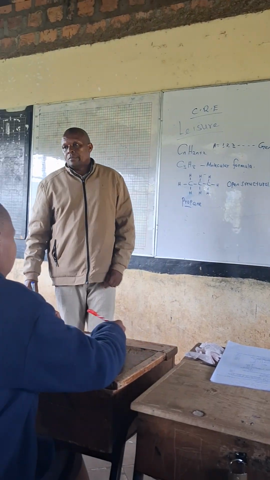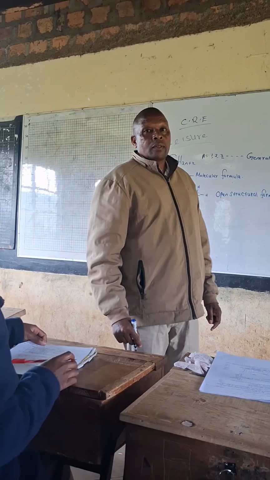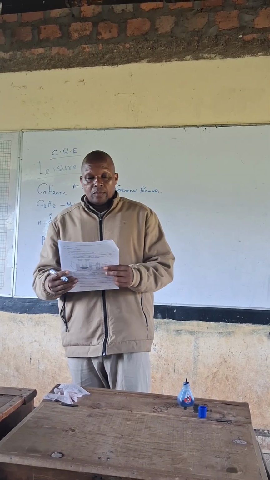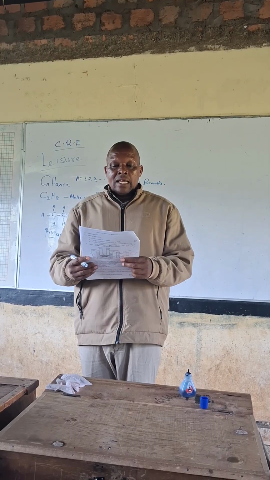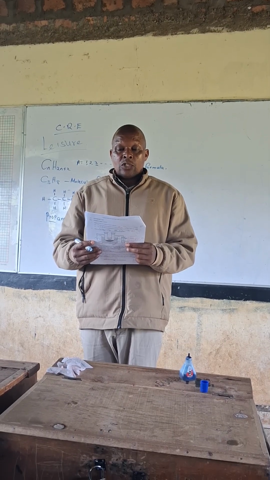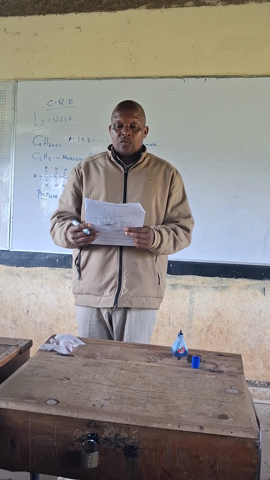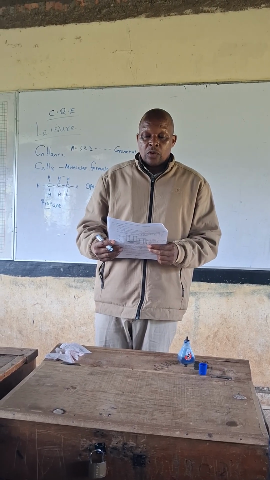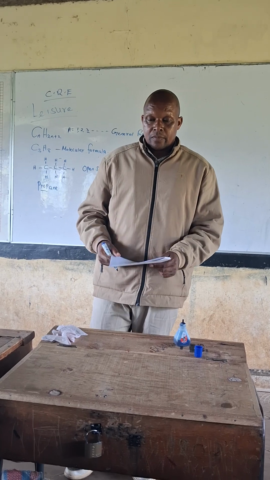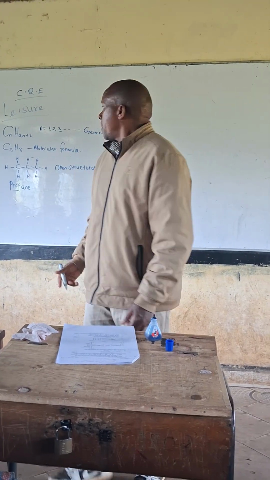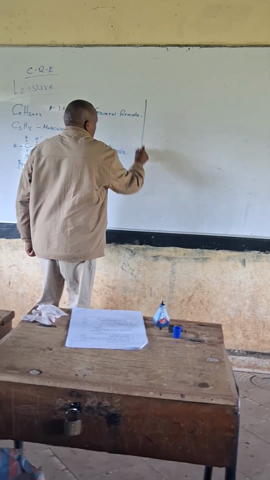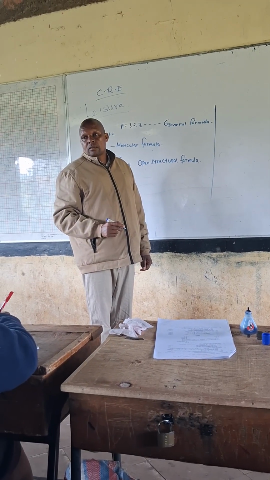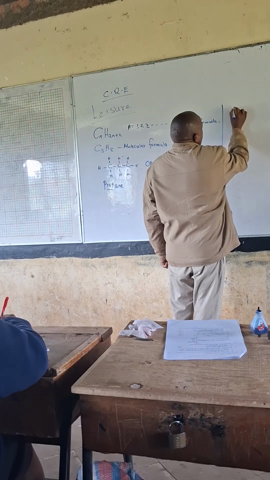I hope you are done. The next question. When the alkane hexane is heated to high temperature, one of the products is ethene. Write the equation for the reaction. What's the name of the alkane? Hexane.